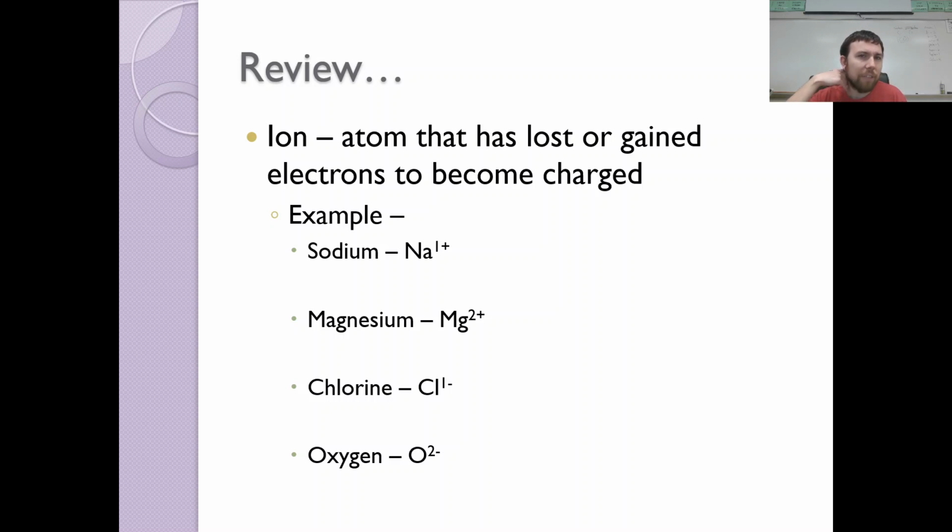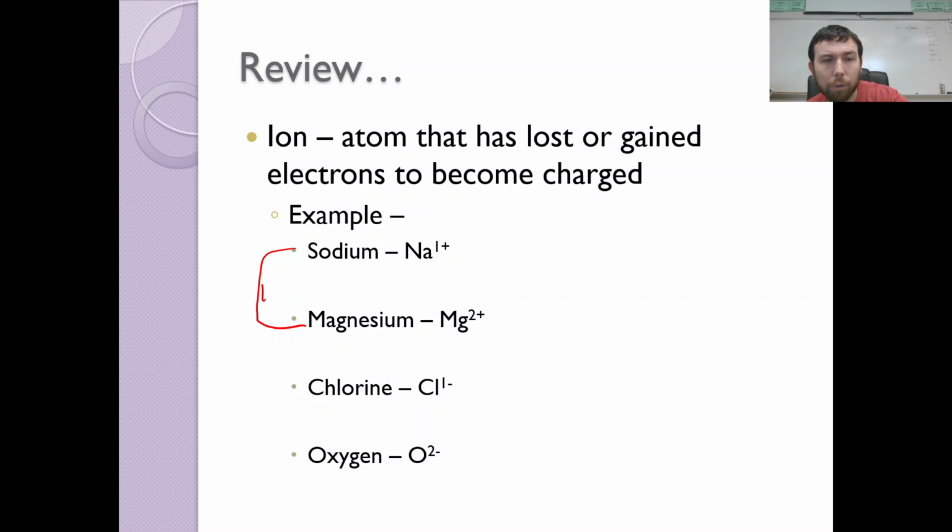And so I've listed several examples here. We should have remembered that our metals are the elements that tend to lose electrons. So if you look here at sodium and magnesium, both of those have a positive charge, sodium +1, magnesium +2, showing that they lose electrons in order to become stable.